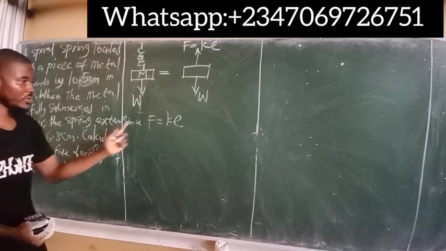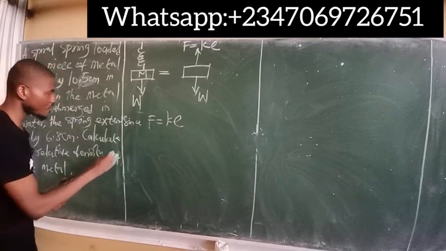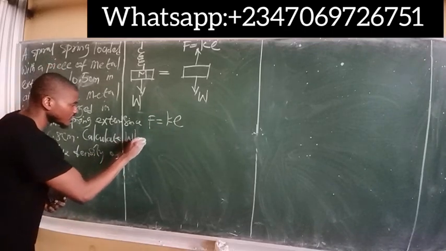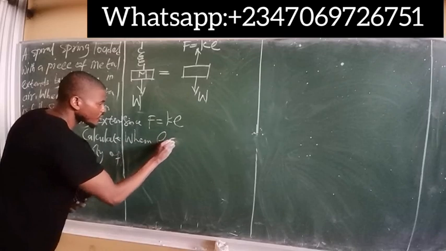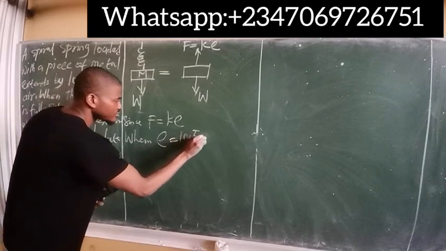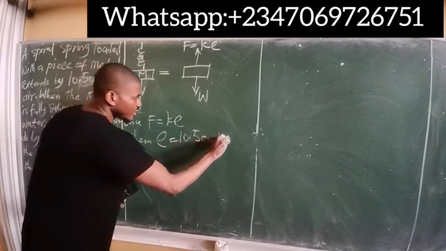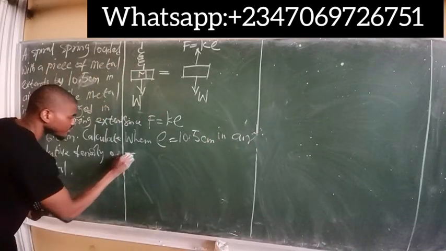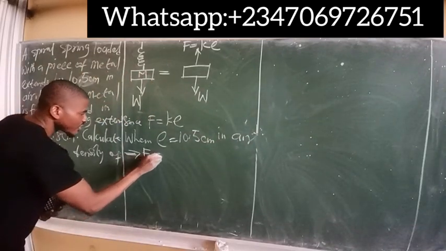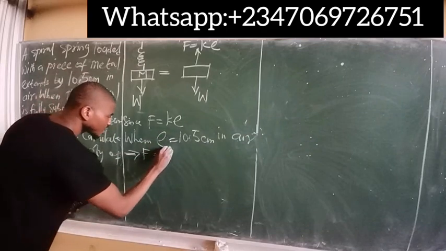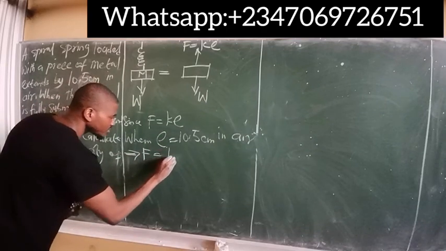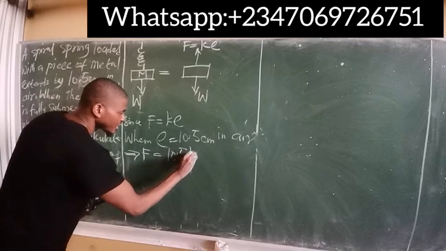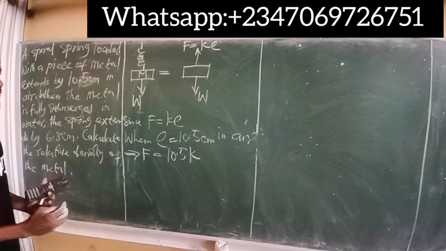This extension is simply this e, where e equals 10.5 centimeter. That is in air. So you simply have this. So this simply implies that F is now equal to k times 10.5, which is simply 10.5 times k. That gives us a value for the force.